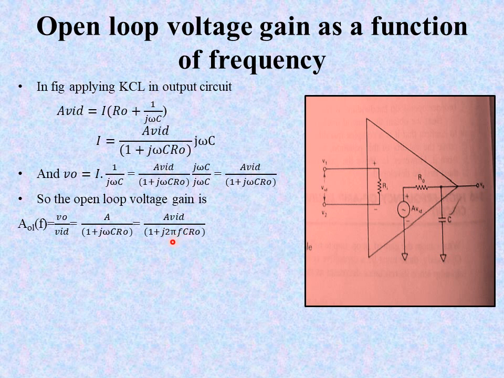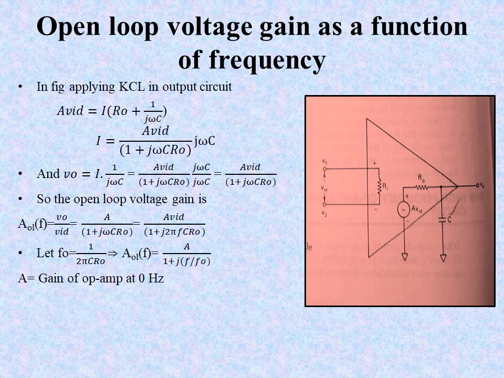Now if we consider f0 equal to 1 upon 2 pi C R0, then this AOL, the open loop voltage gain, can also be written in this way: A upon 1 plus j f upon f0. So here we can say that AOL is a complex quantity and it is a function of f.